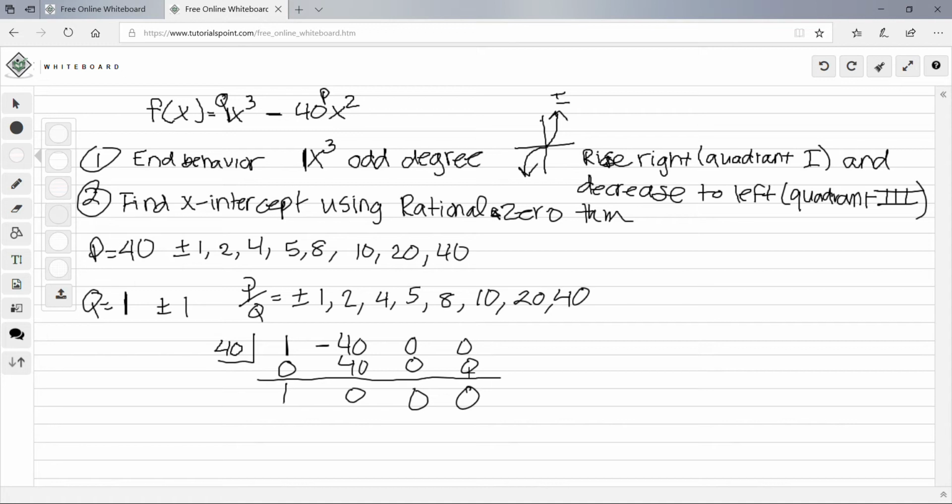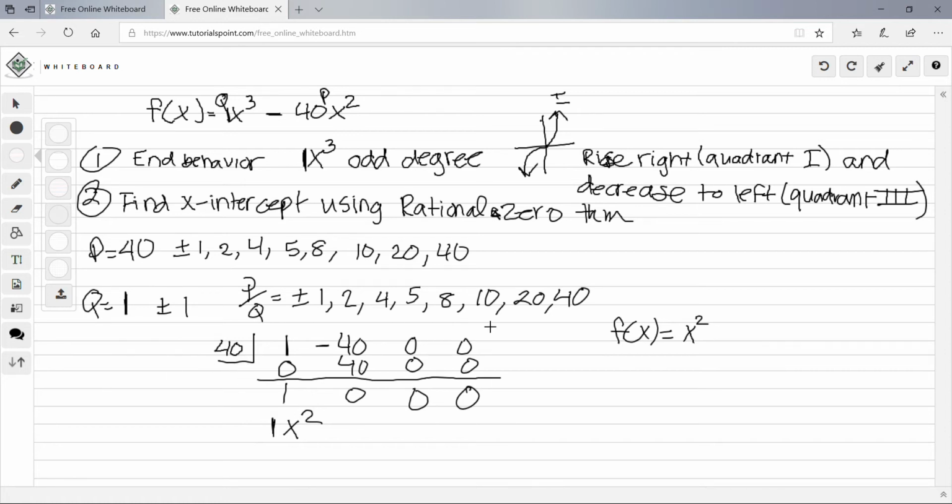This definitely is factorable. So remember we said we only have one term, so it's going to be 1, and then look at the original equation. This was originally an x cubed. Now it's going to be an x squared. So our factor form is f of x equals x squared, and then don't forget this 40, right?